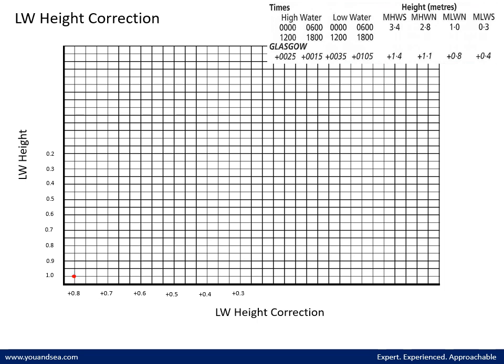We need to match the two columns up as we always do. Draw a line between the two, and then we go in with our low water height, 0.2, and we can see the correction is somewhere between 0.3 and 0.4 meters.